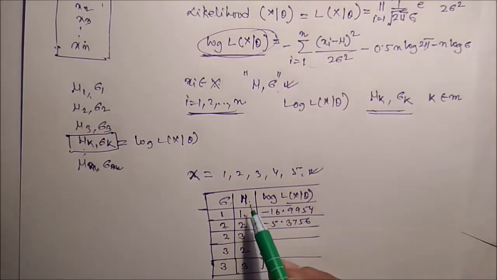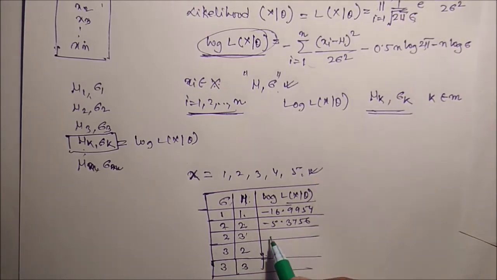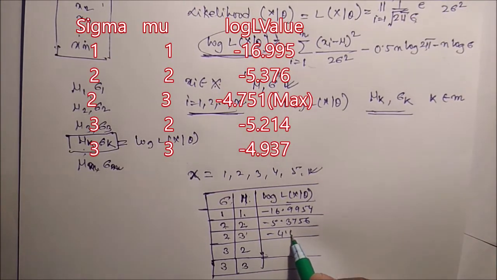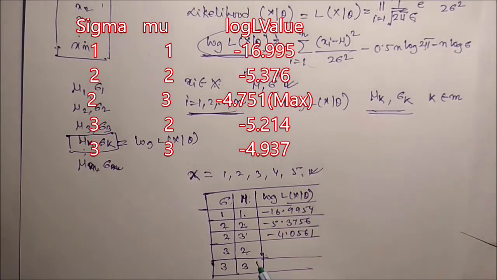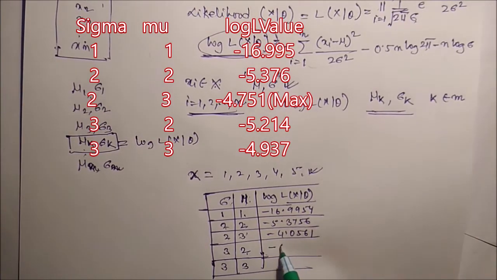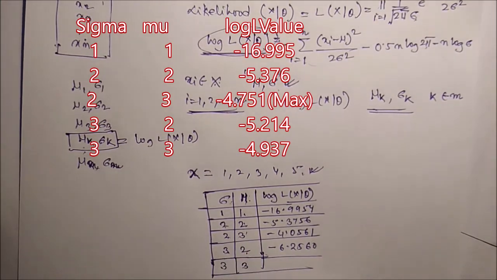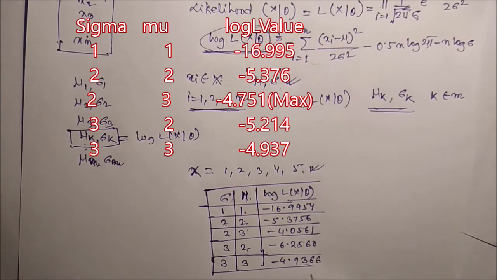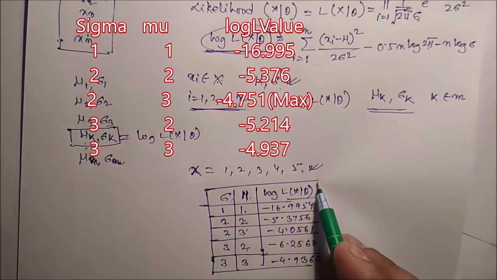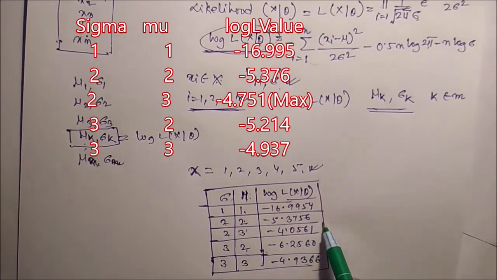If sigma is 2 and mu is 3, its value is minus 4.0561. If sigma is 3 and mu is 2, its value is minus 6.2560. Similarly, if both are 3, the value is minus 4.9366. Now out of this, the maximum value is this one.